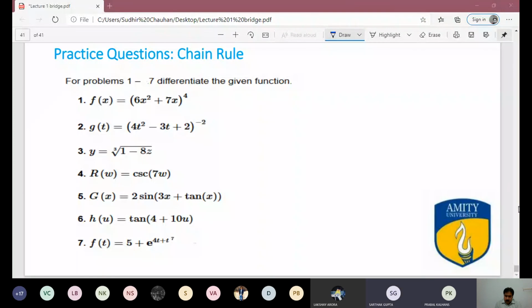Achal Shankar Gupta, Aman Goyal. Prabal, is there any problem in your bike?